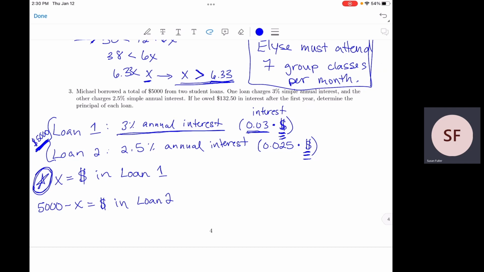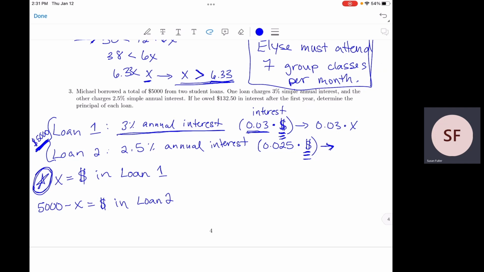Okay, so the amount of interest from loan one will be 0.03 times the amount of money in loan one. Well, the amount of money in loan one, I called that X. So the amount of interest from loan one is 3% of X, 0.03 times X. And the amount of interest coming from loan two is going to be 2.5% or 0.025 times the amount of money in loan two.